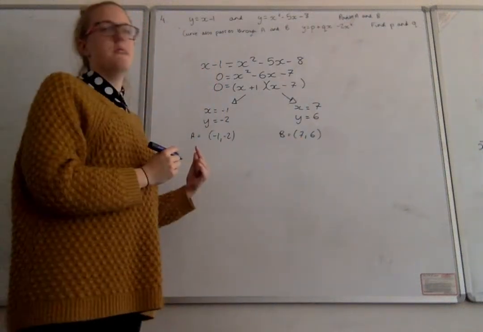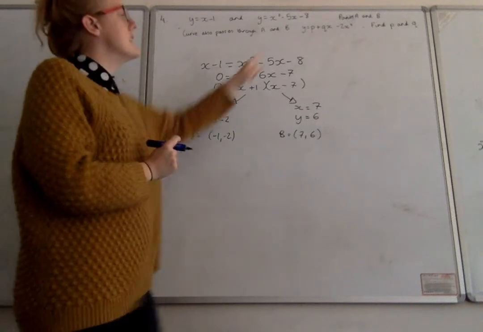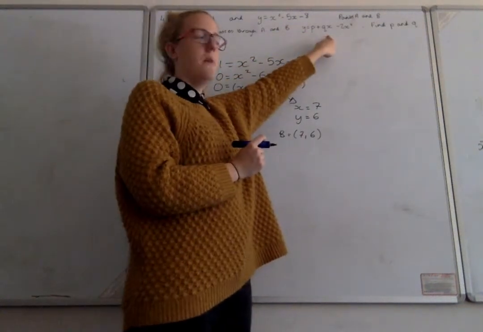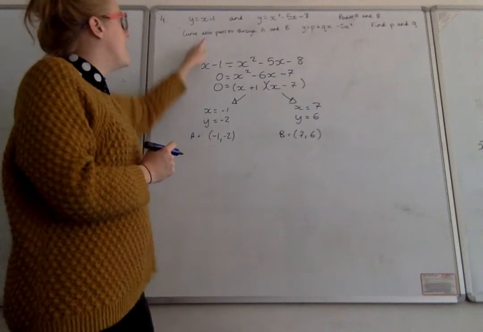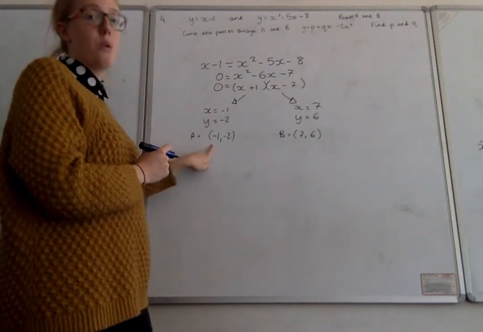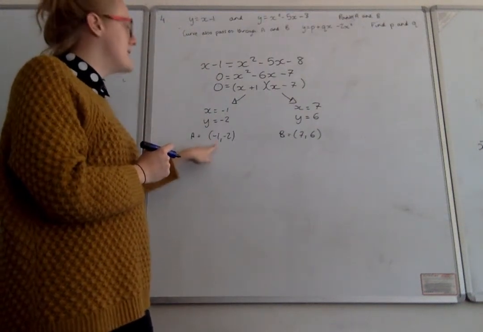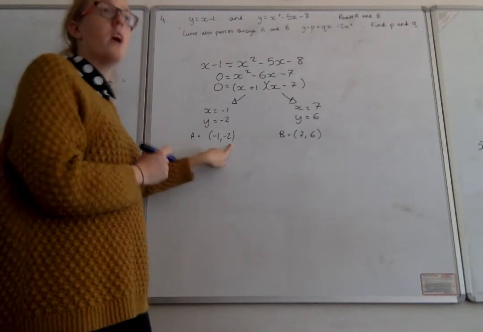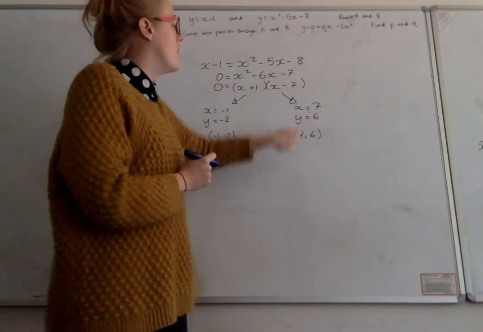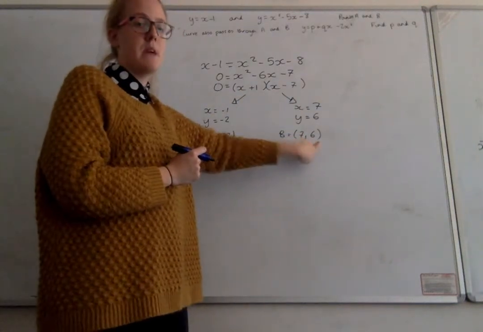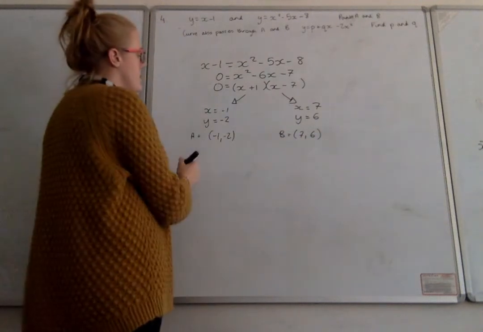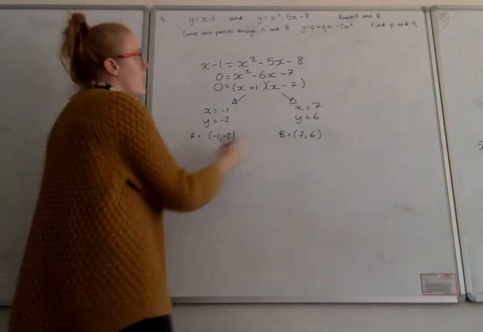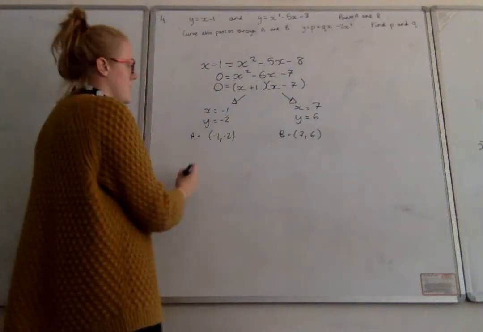Once I've got those two values, I can now try and establish what my p and q are. I know that this curve crosses through point A. So I know that this x and this y work in A and work in this one, just as this one does from B. So I'm going to take my x value and my y value and substitute them into the equation.